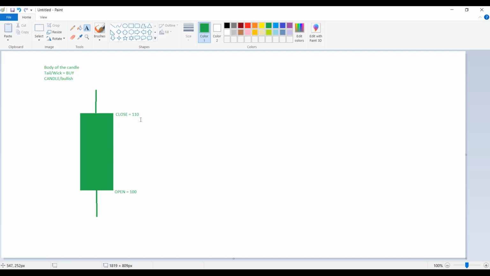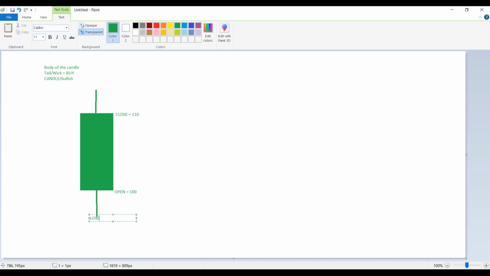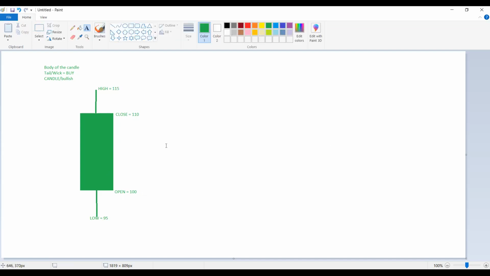And in between 9:15 and 3:30, what exactly happened was this stock also touched a low price of say 95 and a high price of 115. Consider there is a y-axis here, which represents all the prices we saw on the chart.